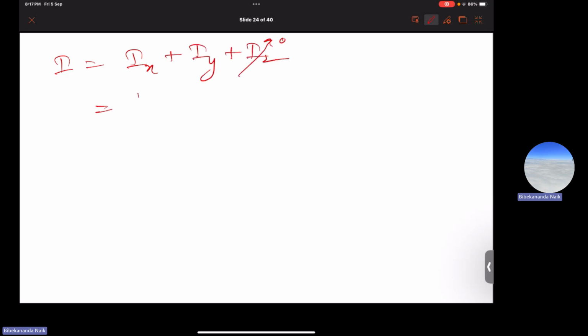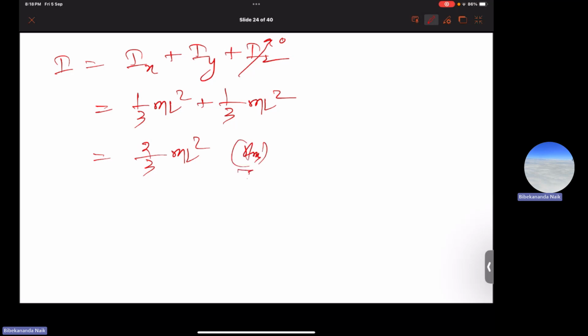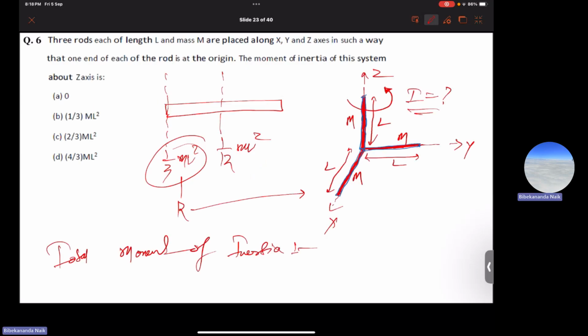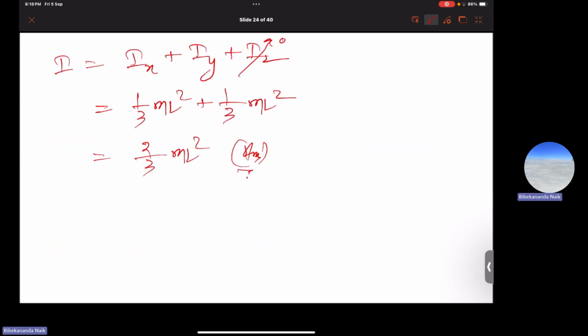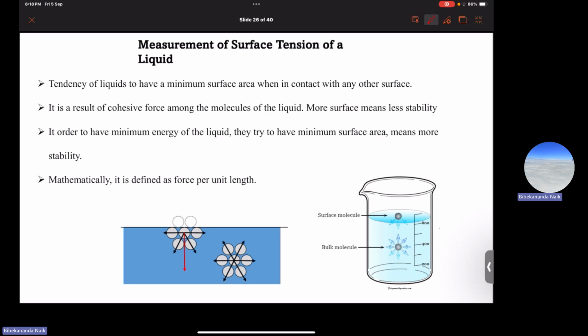Iz is 0, so it is 1 by 3 ml square plus 1 by 3 ml square, which gives 2 by 3 ml square. So the correct option is C, 2 by 3 ml square. I hope this is clear to you.